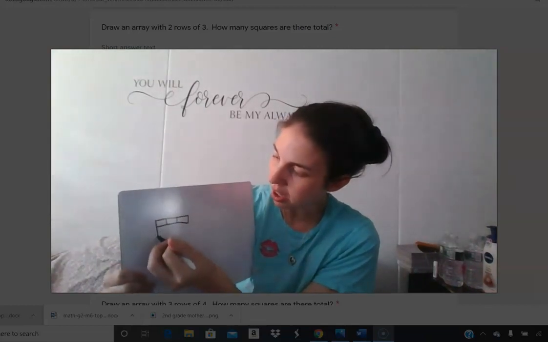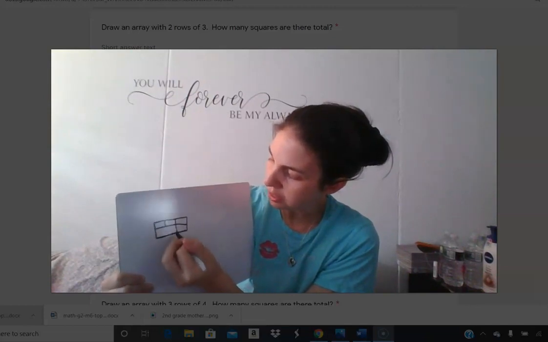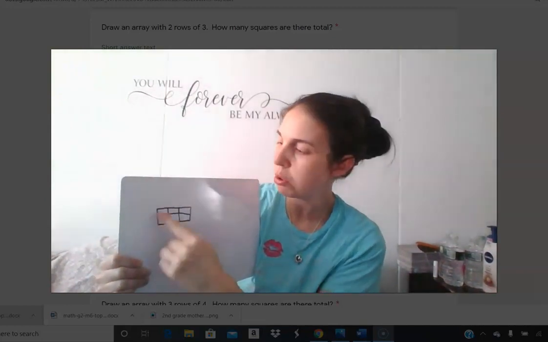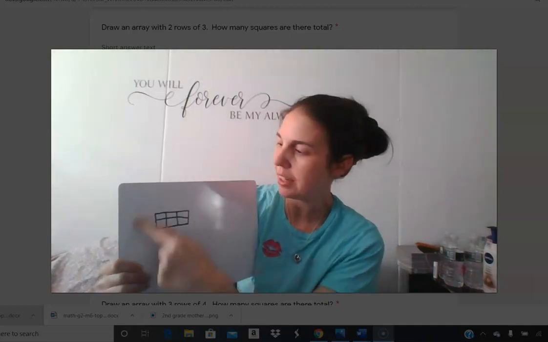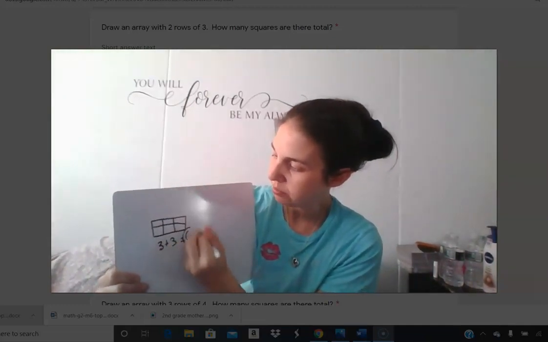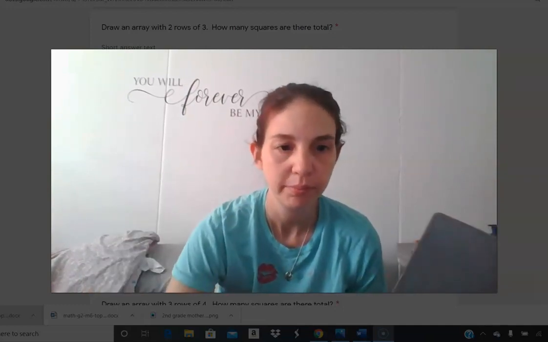And we need to draw another row. And then we just follow the line down so that it goes together. So there's two rows of 3. And then you just count it up, or you could think about 3 plus 3. Okay?